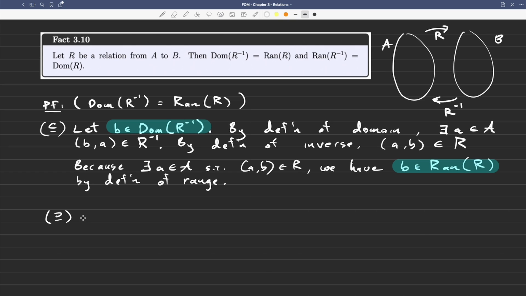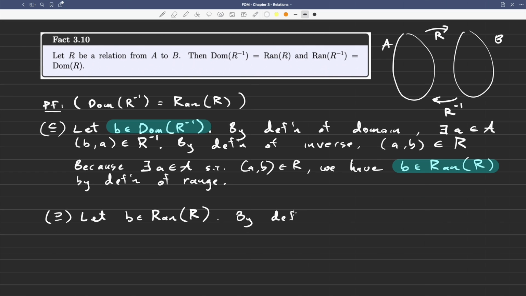Okay, so to do the reverse containment, we would start with, let's say, little b in the range of R. Now again, it makes sense to call this element little b, because if I look at the picture on the top right here, we can see that the range of R, those second components, lie in big B. So if I take something in the range of R, it makes sense to call it little b to remind me that it's in the bigger set, big B. So apply the definition of range.